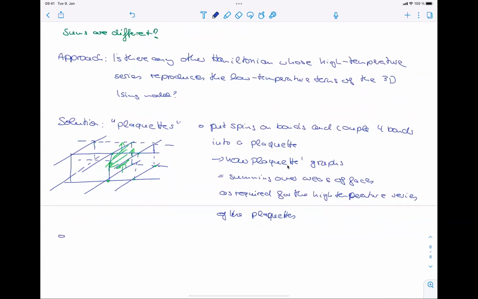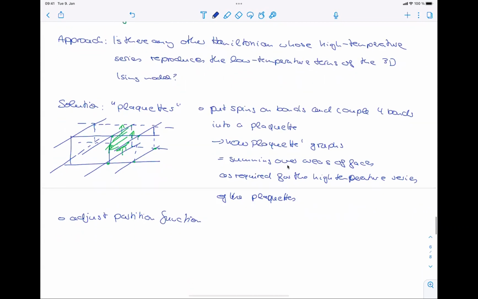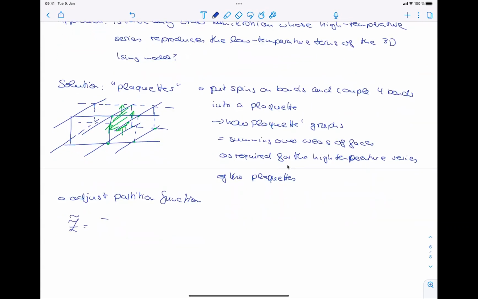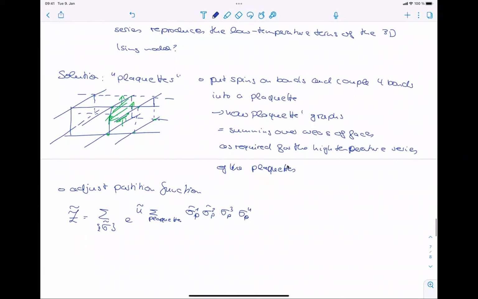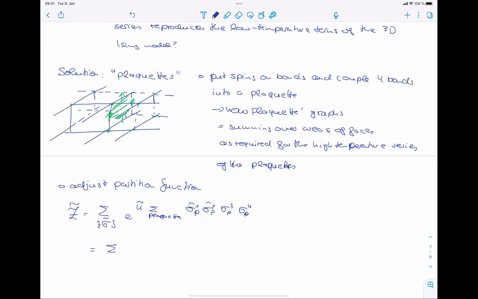And the second thing that I need to do is adjust the partition function into now summing over, and I call them sigma, these plaquettes, e to the K, summing over plaquettes, and I'm coupling 4 of them together. 1 plaquette, 2 plaquette, 3 plaquette, 4, such that my expansion then looks like summing over the spins in the plaquettes, taking plus minus, all the ones put in plaquettes.